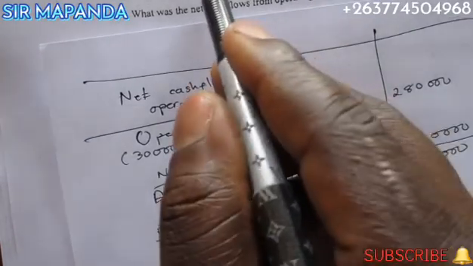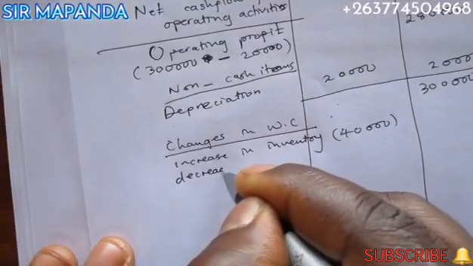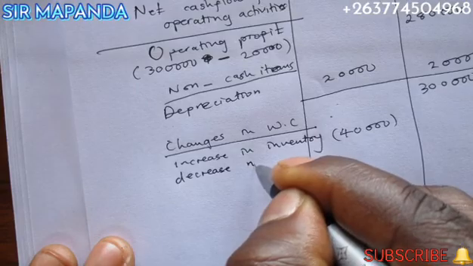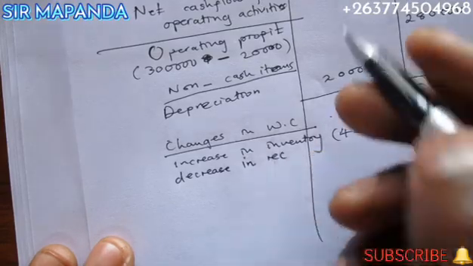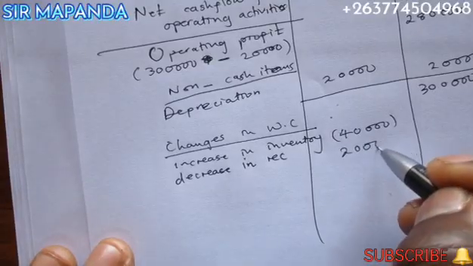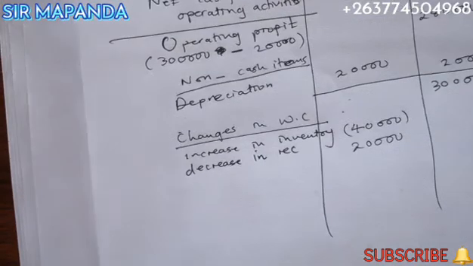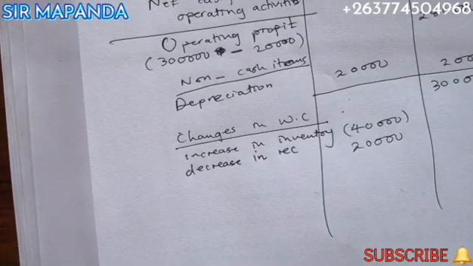Then the decrease in receivables amounted to 20,000. It means our debtors have settled part of their bills. So this is cash inflow. Money is coming from the debtors.